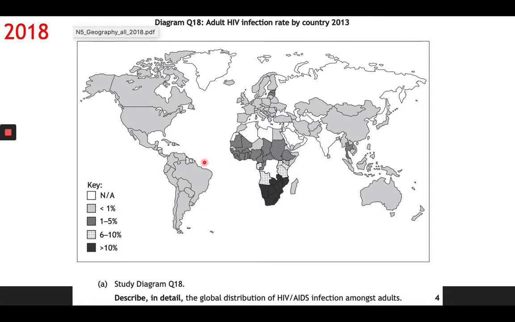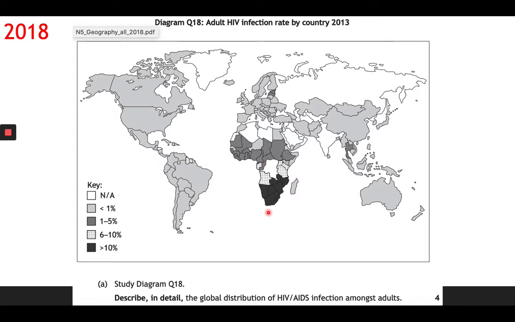We've then got one about adult HIV infection rate by country in 2013. So describe in detail the global distribution of HIV and AIDS infection amongst adults. So you might want to say that, for example, the majority of HIV infection rates are in developing countries, and that would get you a mark.